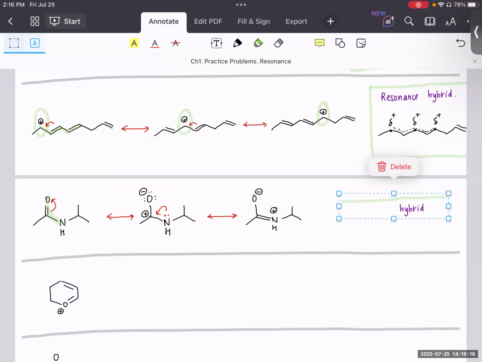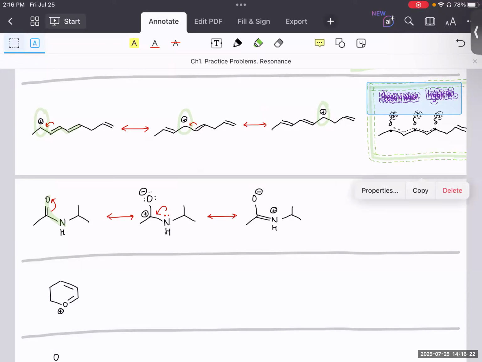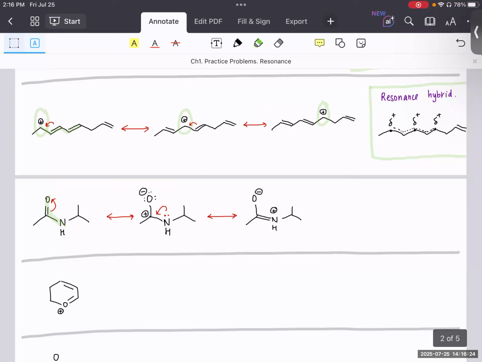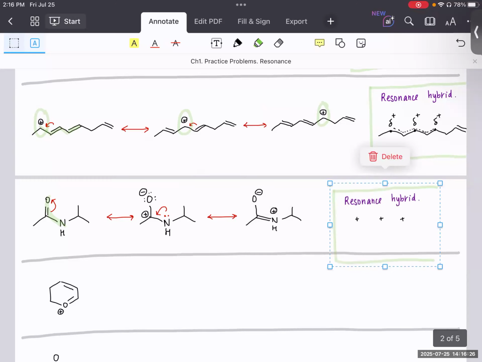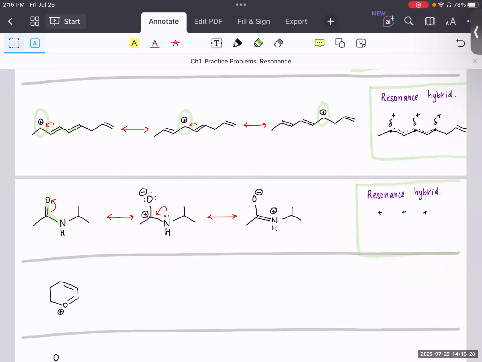All right, and so here, this is our final structure. And so we can draw in the resonance hybrid. Our resonance hybrid is just going to be that base structure. And then we can show dotted lines throughout that entire system where we transferred electrons, which is just between the nitrogen, carbon, and oxygen.